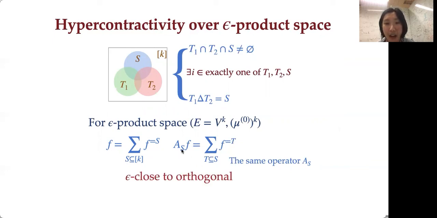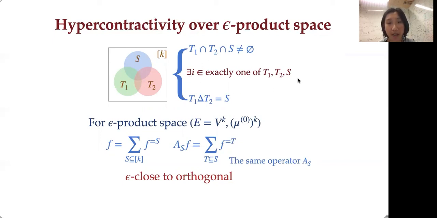Using this A_S f, we can define the f equal to T decomposition. We call it the approximate Efron-Stein decomposition. The reason we call it approximate is that this time it's not precisely orthogonal, but epsilon-close to orthogonal. Because of that, the second term here does not actually vanish.